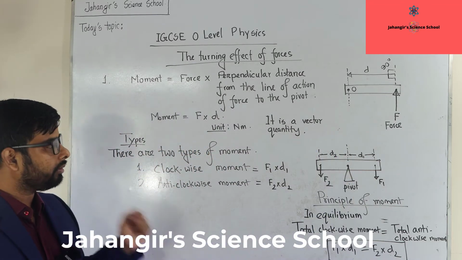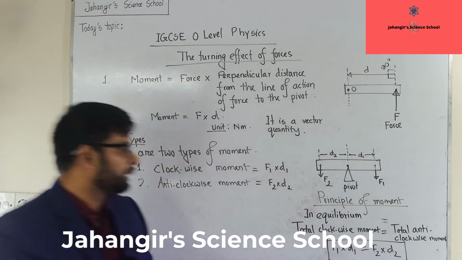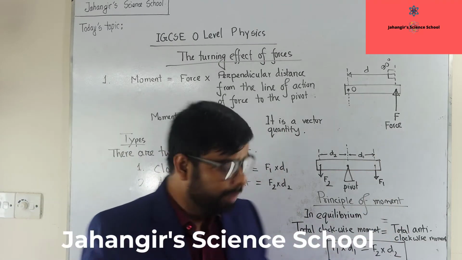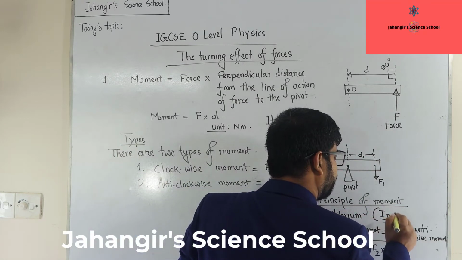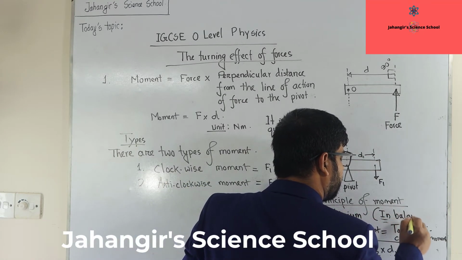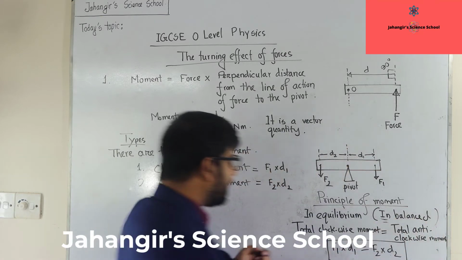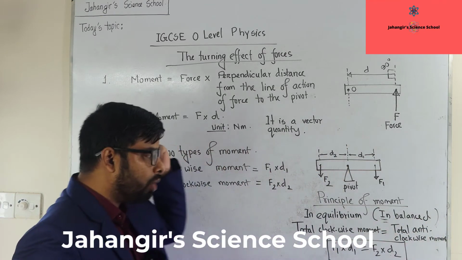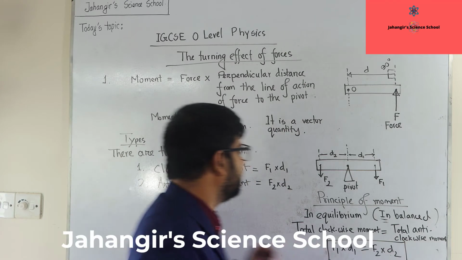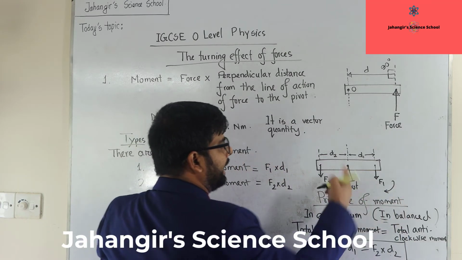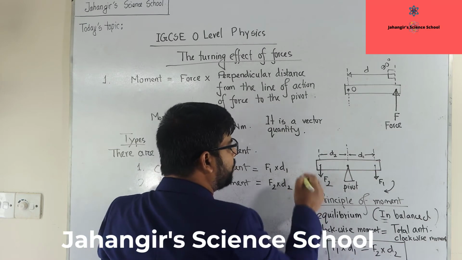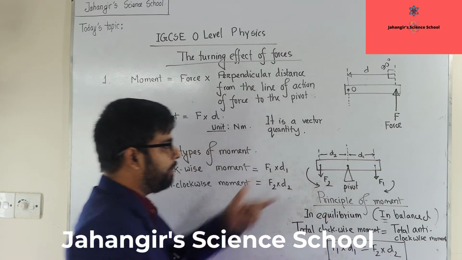Principle of moment. In equilibrium, or when balanced, the total clockwise moment is equal to the total anti-clockwise moment. Here F1 produces a clockwise moment about the pivot, and F2 produces an anti-clockwise moment about the pivot.